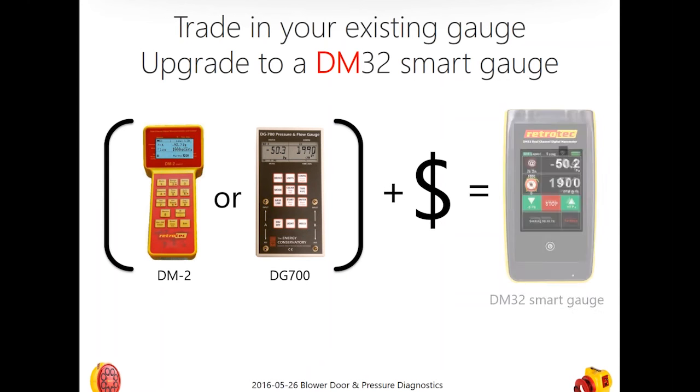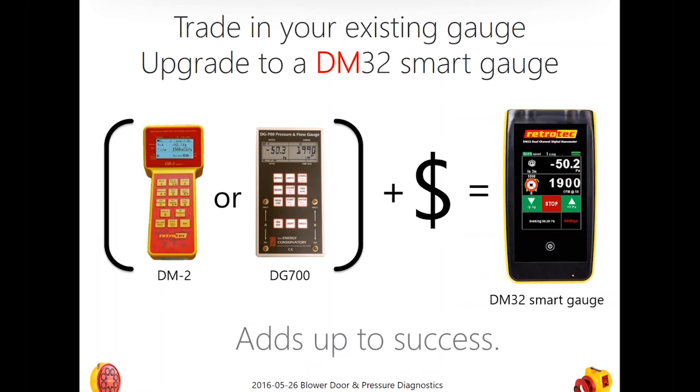Of course, they don't just buy it from you just to buy it. They will give you a trade-in value and apply that to a new DM32 smart gauge. So definitely, if you have any questions about that, I highly recommend go to retrotec.com, call the sales and support team, and ask them about that.